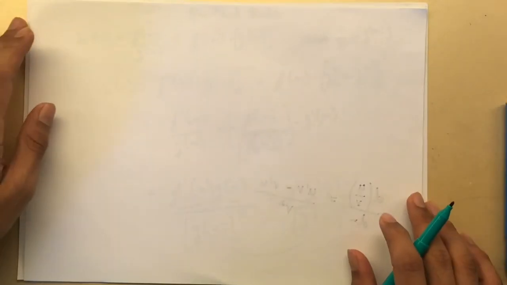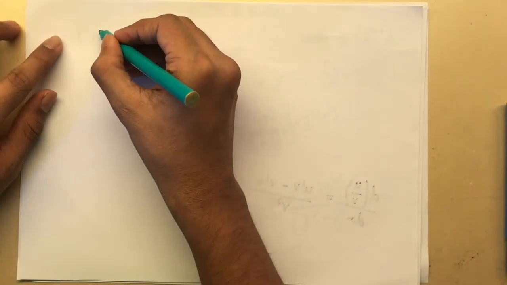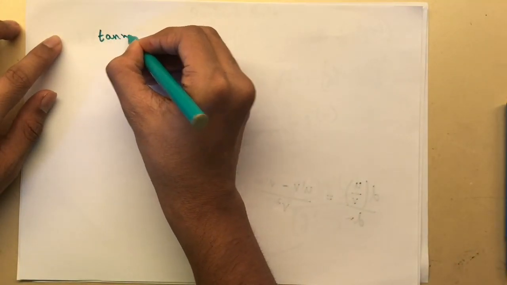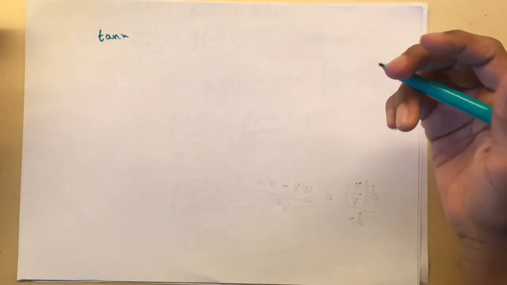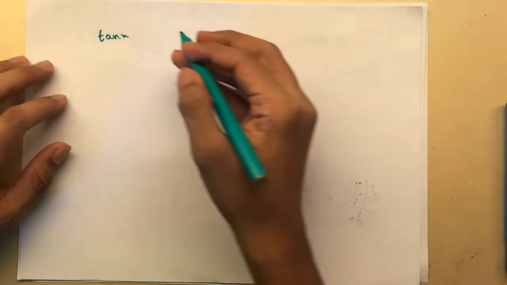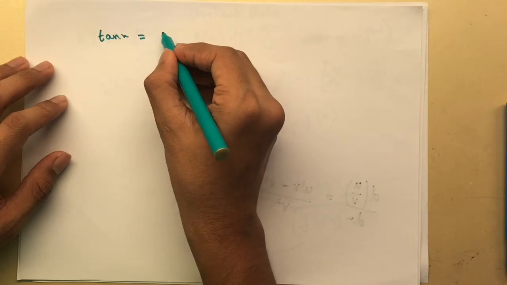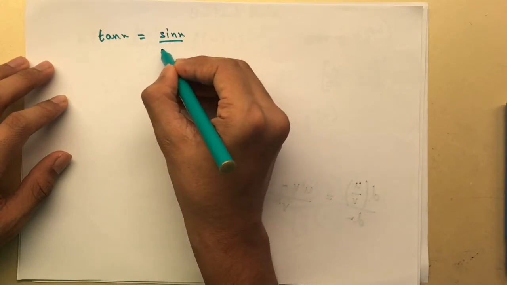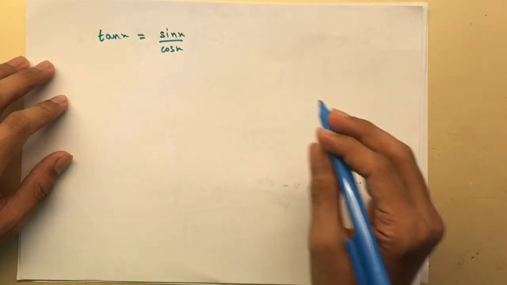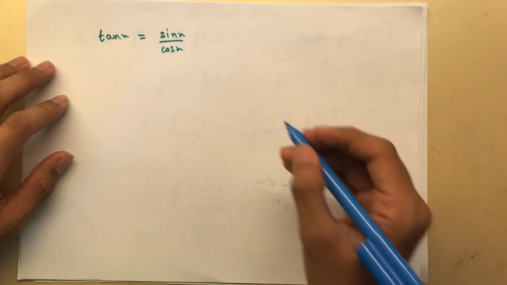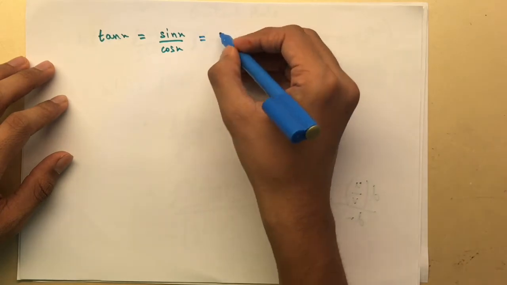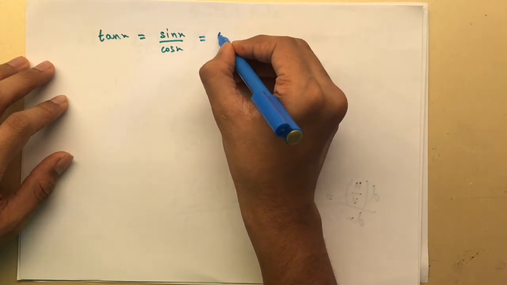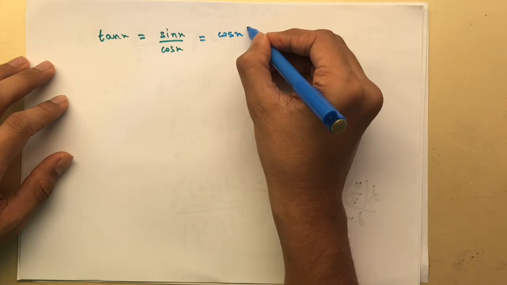Take an example. If we didn't already know what the derivative of tan x was, how would you take it just knowing the derivative of cos x and sin x? So we would write this as sin x upon cos x, correct? And now the derivative of sin x is cos x, and the derivative of cos x is minus sin x. So now this can be written as the derivative of sin x, which is cos x, times cos x, right?